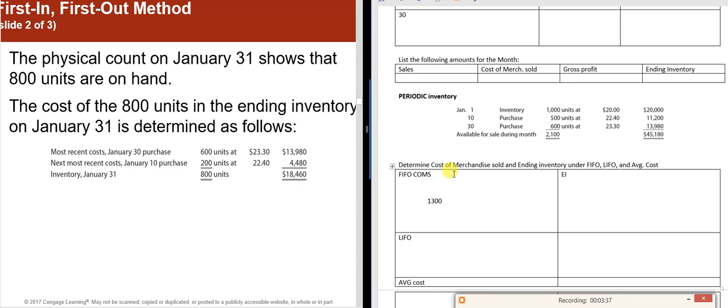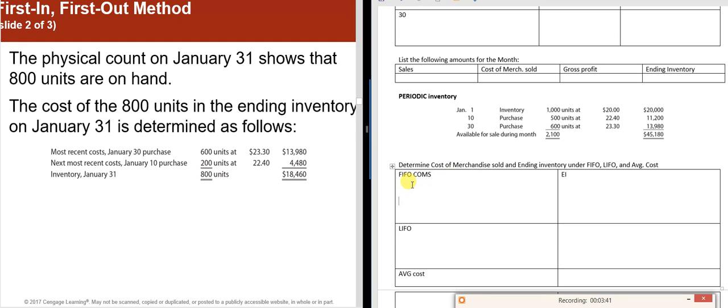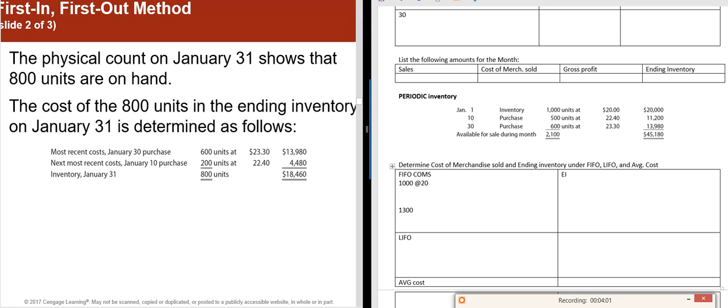So first in, first out, I sold the first ones in, so the first ones that came in are the $20 ones. I sold all 1,000 of those at $20, and then I sold 300 more at the next level down, at the $22.40.